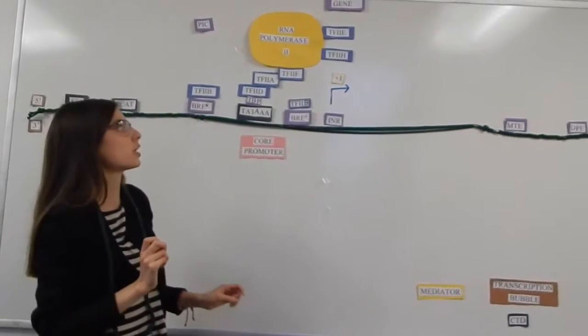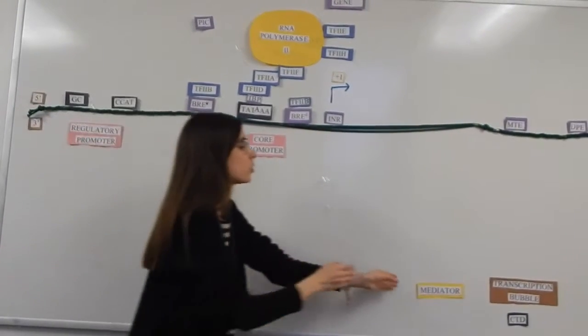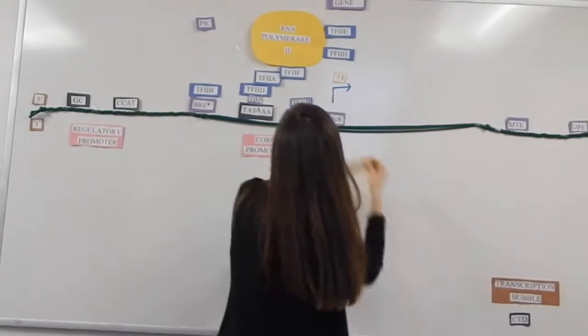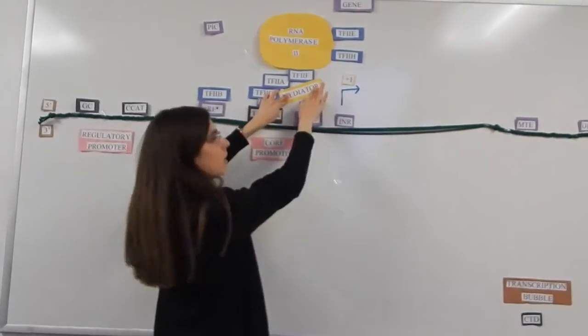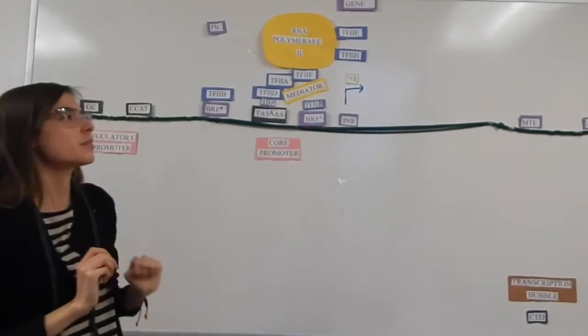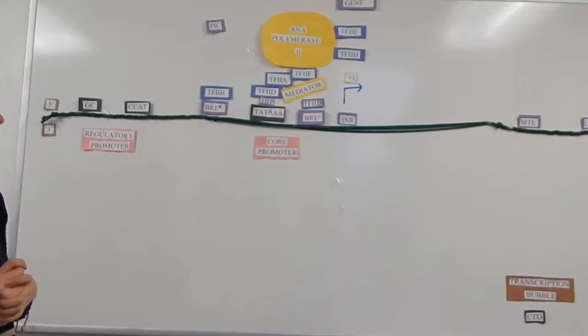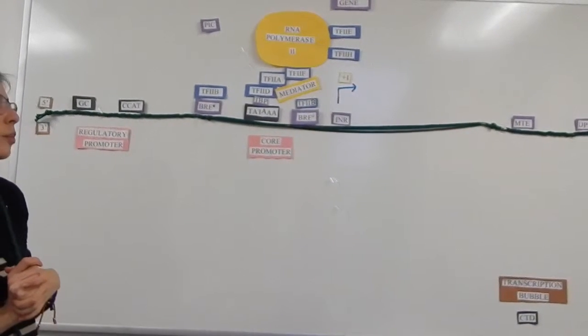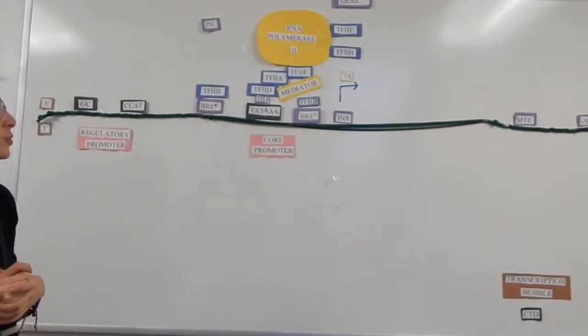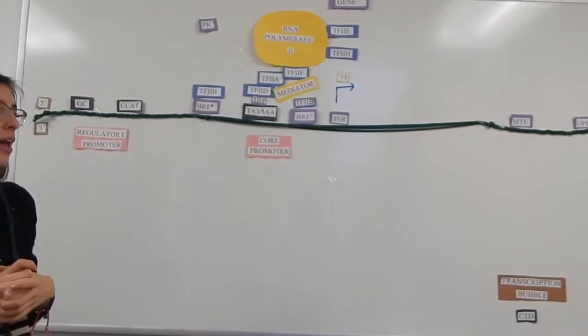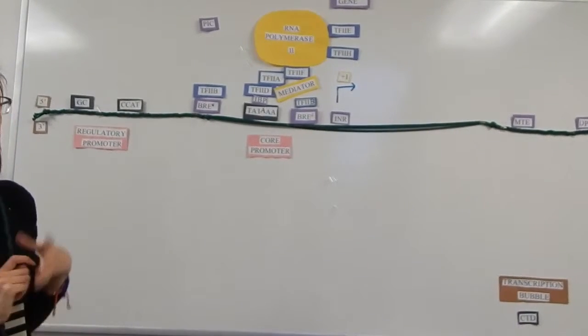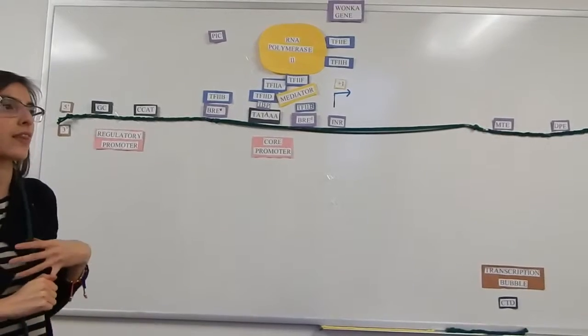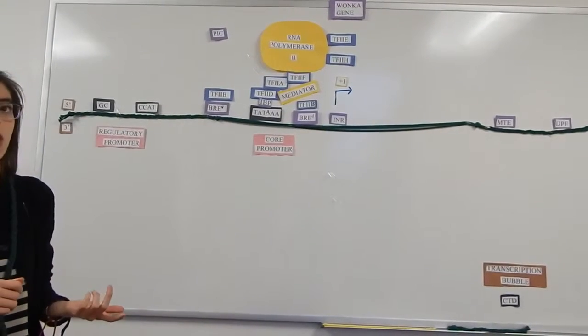Once TFIIE and TFIIH bind along with mediator, TFIIE recruits TFIIH to the pre-initiation complex site, and it's also required for promoter melting. And then TFIIH has both kinase and helicase activities that promote the formation of the open promoter complex.